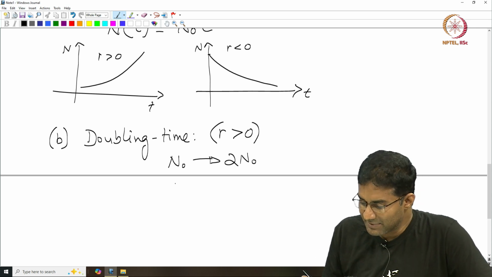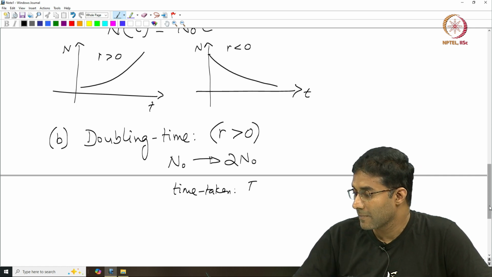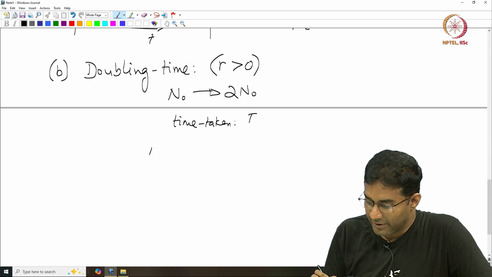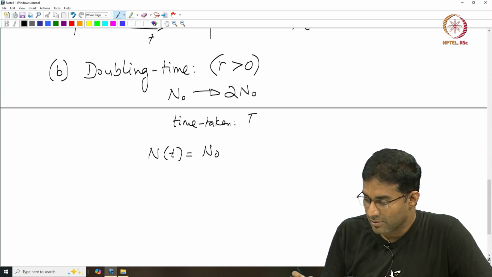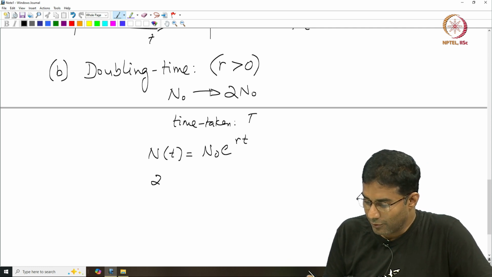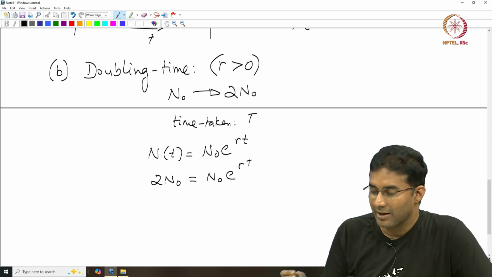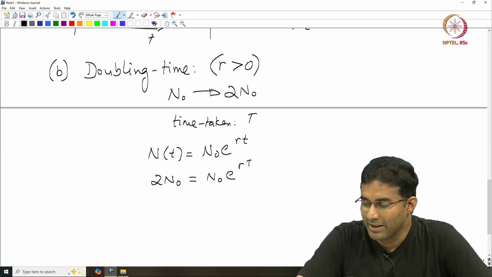Let us say the time taken is capital T. So, if you were to now use this equation for this condition of doubling, 2N0 is equal to N0 times e^(rT), this has happened over a time interval of capital T, right.